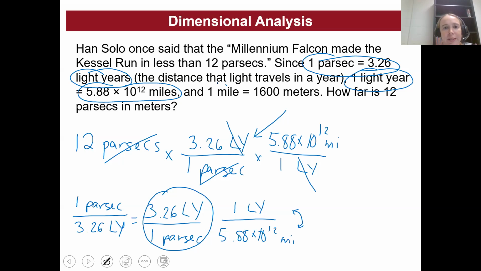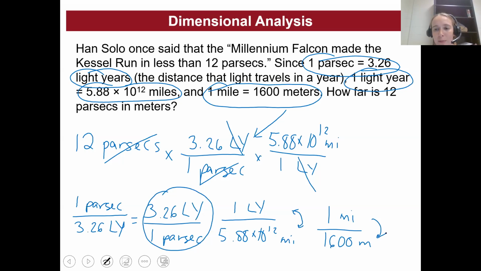So we want to do the same thing with miles and meters. So 1 mile equals 1,600 meters. We can write our conversion factor. But again, we want miles on the bottom, so it cancels out. So we're going to flip-flop it. So we're going to put 1 mile on the bottom and 1,600 meters on top.